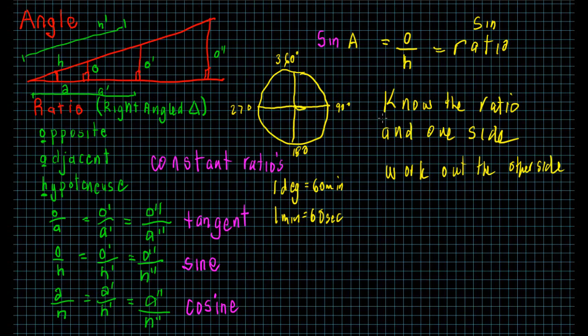See, they were pretty clever, these dudes. They worked out that using the properties of the angle and the constant ratio, if they know the ratio and one side, they could work out the other side. And if they knew both sides, they could work out the ratio.